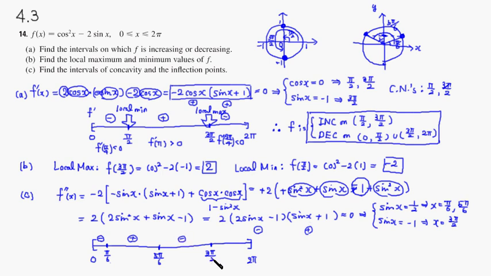After 3 pi over 2, again, we can try 7 pi over 4. If you have 7 pi over 4, the angle is over here, so sine is going to be negative, but this guy is going to be plus 1, so it's going to be positive. So it's still negative here, right?